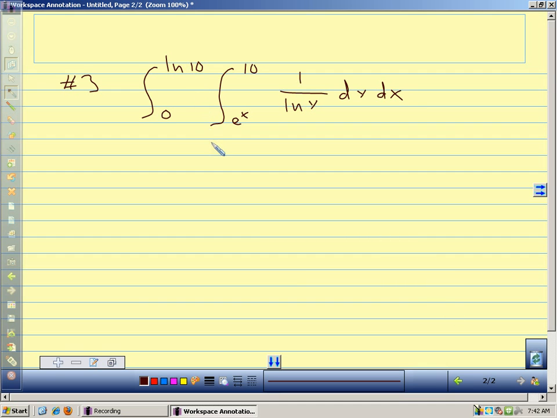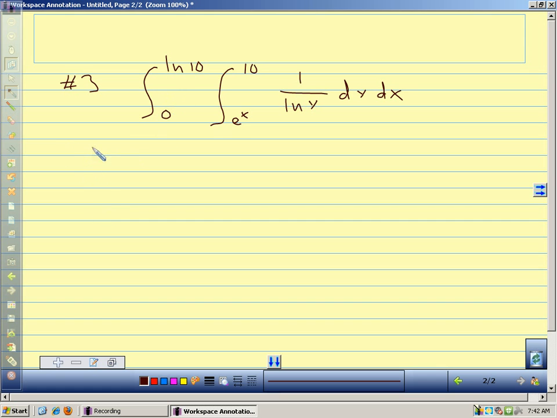Yes. All right, so we're evaluating this. Can we just rewrite it so we can do dx dy? So we want to change the order, because do we know how to integrate 1 over natural log y dy? No. So let's change our order. That's our first step, change order.